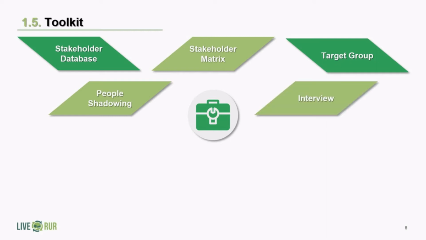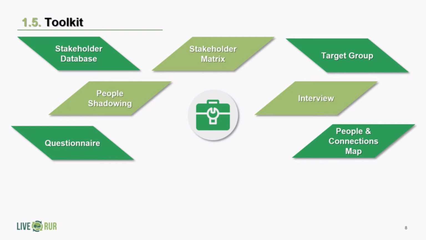Interviews are great to discuss personal points of view and feelings about particular ideas, while questionnaires provide the means for statistical analysis. People and Connections Map is a way to map your potential users, considering their field of expertise and their area of influence.